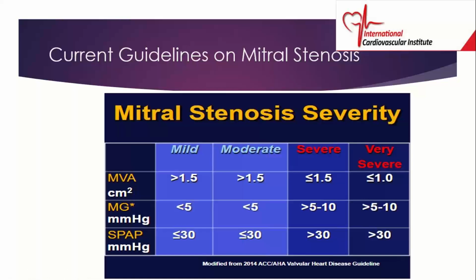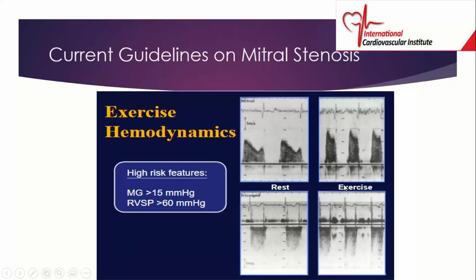Because a lot of the time we don't intervene in these patients until they are symptomatic. So you need to know the table, but symptoms are very important. You have to make a combination of the numbers with symptoms.